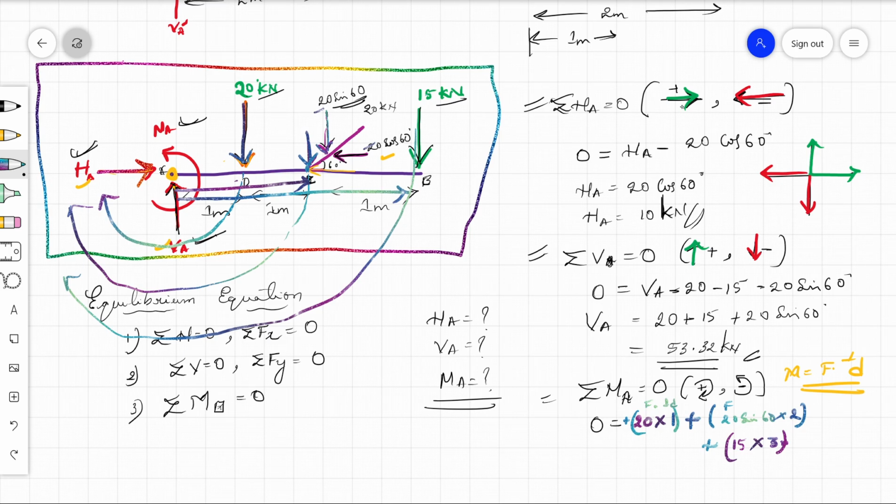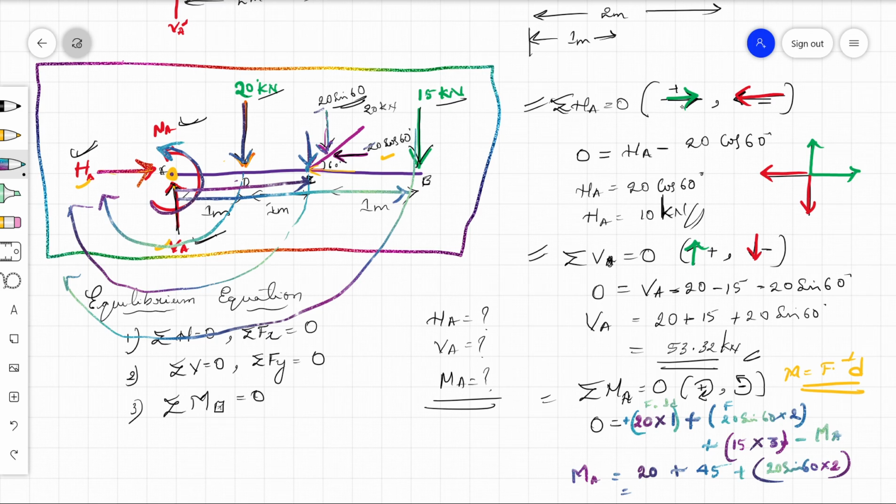There is one reaction moment, which is going in the anti-clockwise direction, that is minus MA. So you put this minus MA on the other side of the 0, then MA is equal to 20 plus 45 plus 20 sin 60 into 2.